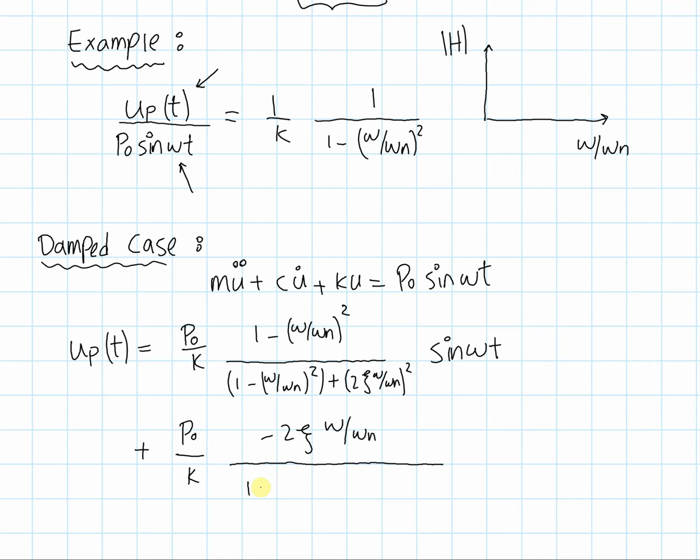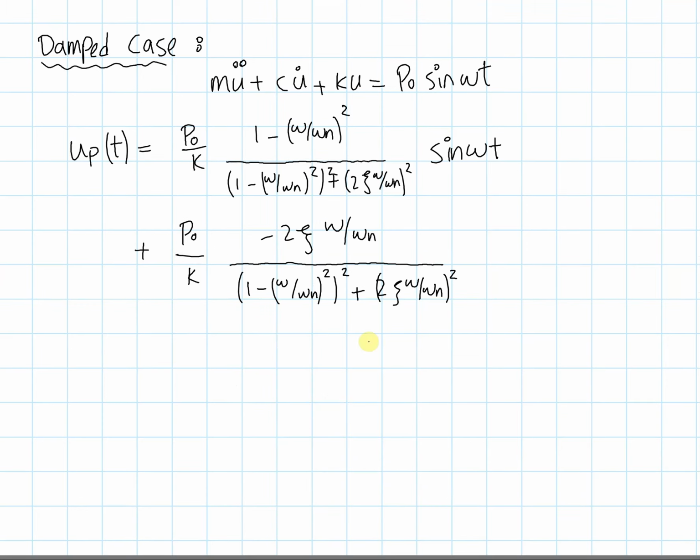We have 1 minus omega over omega n squared plus 2 zeta omega over omega n squared. Okay, and then this time we're going to have a cosine omega t.